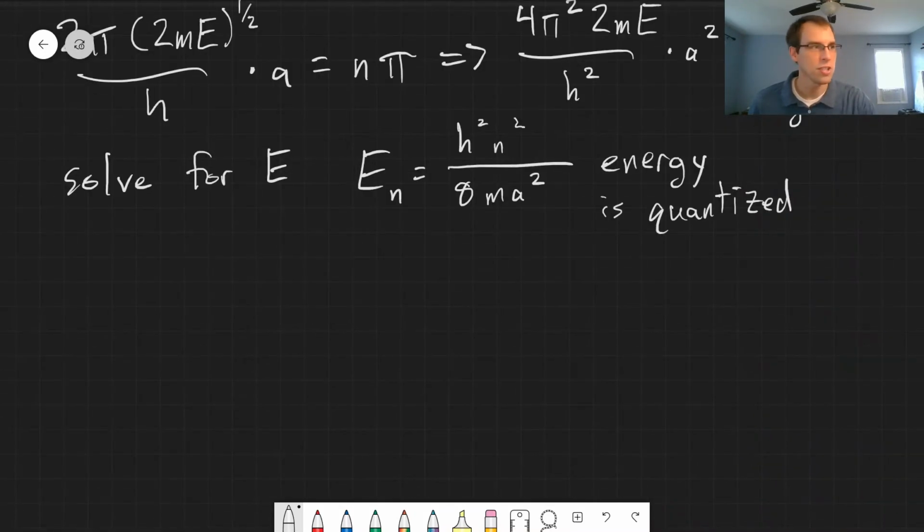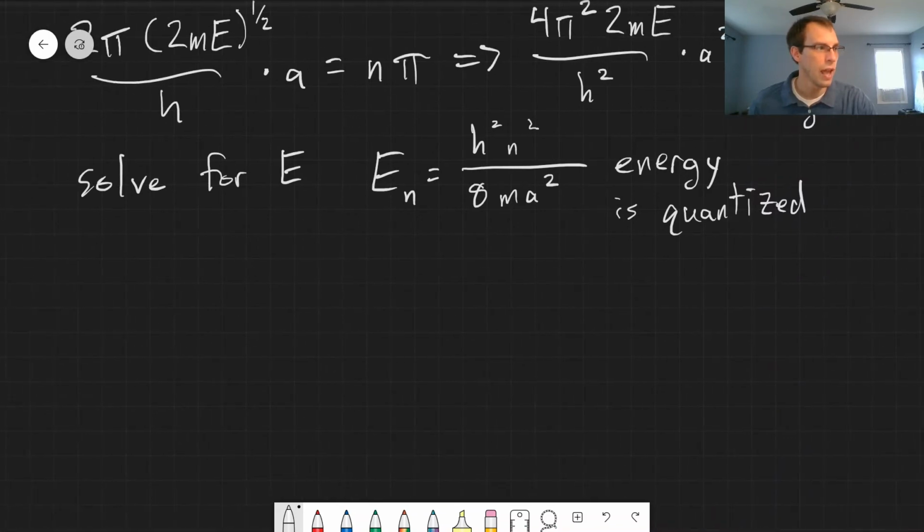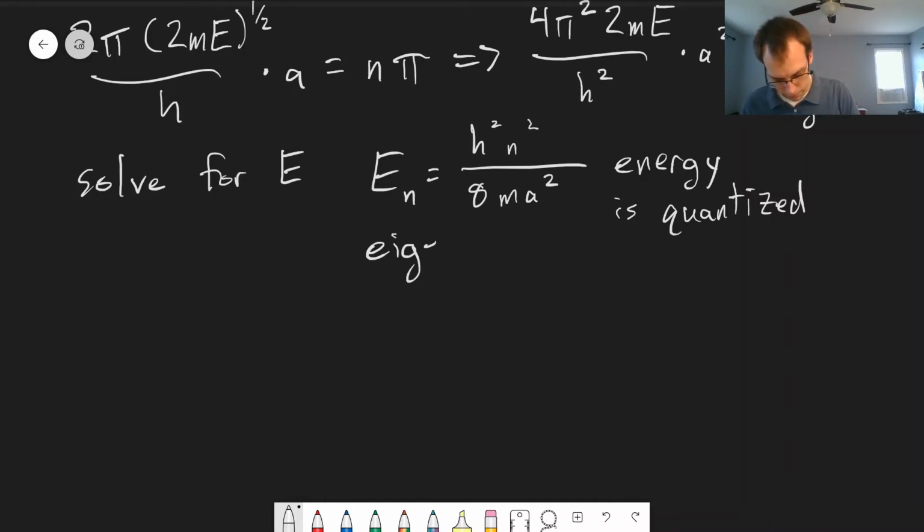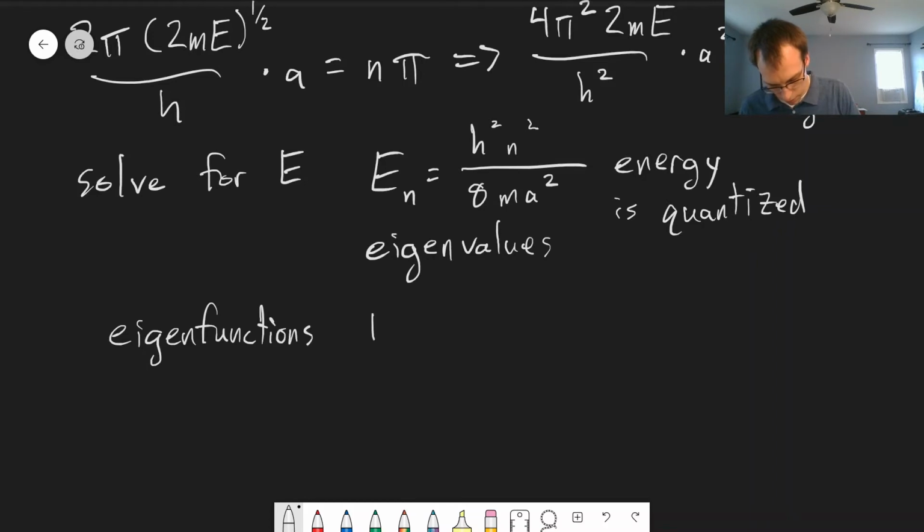And so we have the energies, and we can also say, we know what the wave function is. These are the eigenvalues, and the eigenfunctions are psi of x is equal to b sine kx.